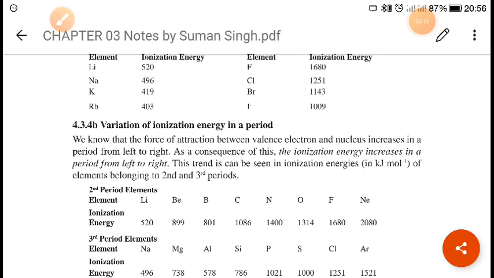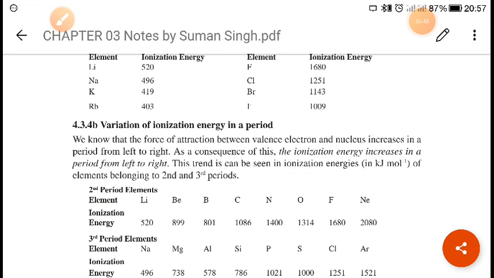The first factor is that the number of shells, and therefore the size of the atom, increases with the increase in atomic number going down the group. This is the first factor because of which the value of ionization energy decreases regularly on going down the group, right? So number one is the number of shells and the size of the atom increasing.